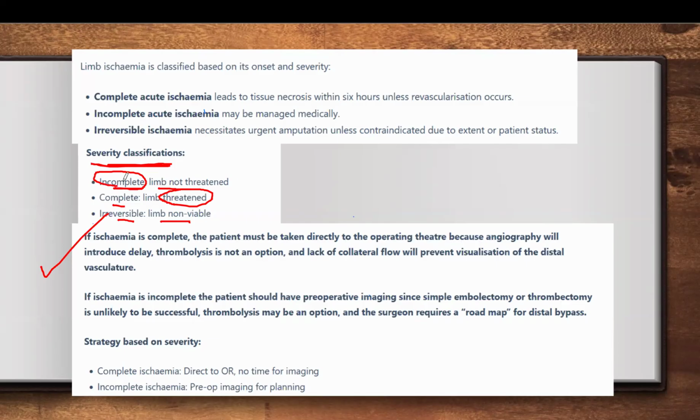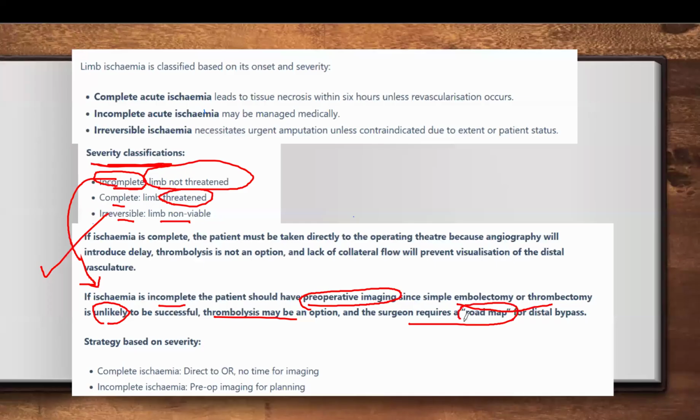It was not threatened. Okay, so for incomplete, if ischemia is incomplete, the patient should have pre-operative imaging. Since simple embolectomy or thrombectomy is unlikely to be successful, thrombolysis may be an option. The surgeon requires a roadmap.